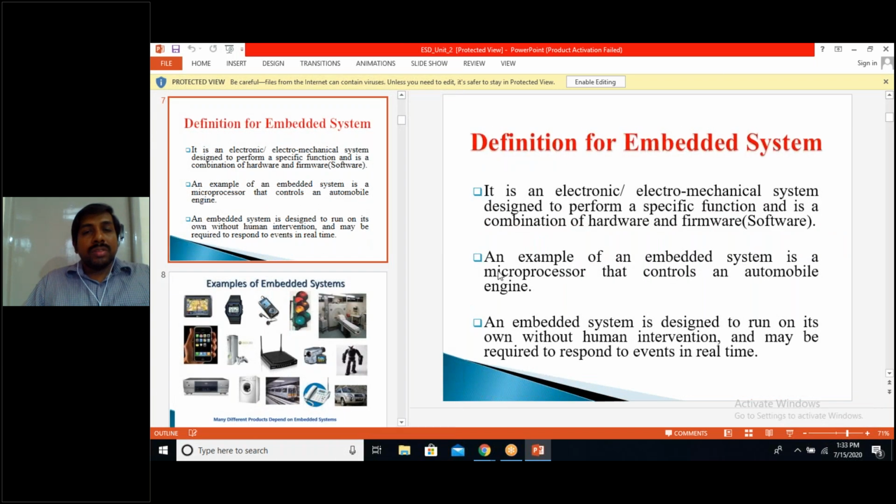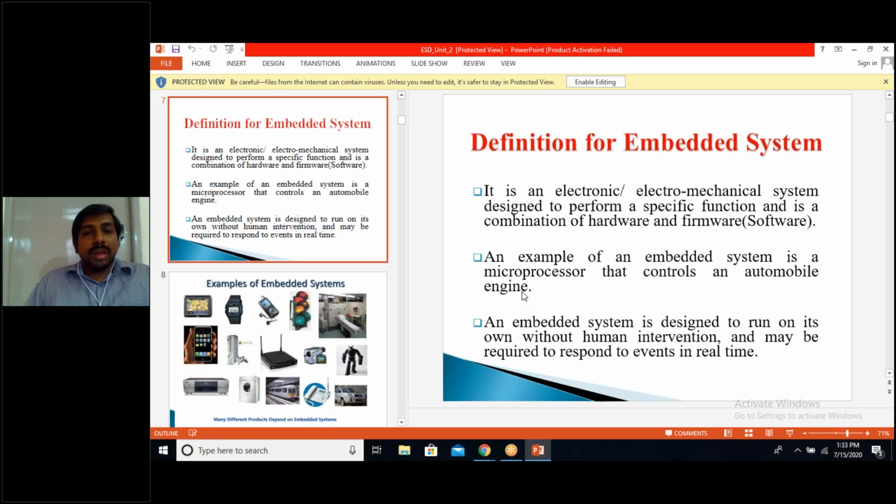Once again we'll define: an embedded system is an electronic or electromechanical system designed to perform a specific function, and it is a combination of hardware and software. For example, a microprocessor controlling an automobile engine is an example of an embedded system. It will run on its own, human intervention is not required, and it will respond in real time.